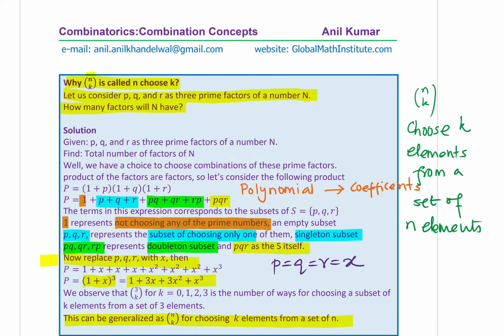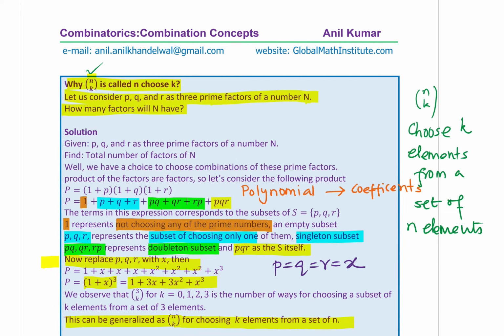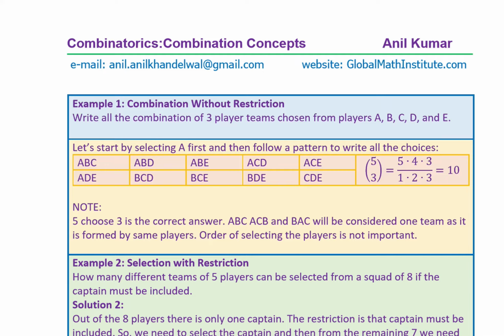And that's what it means. Do you see that? So each number here, 1, 3, 3, and 1, represents choosing from 3 nothing, or 1, or 2, or 3. You get the idea, right? Now you have understood what nCk really means and why we call it n choose k, right?